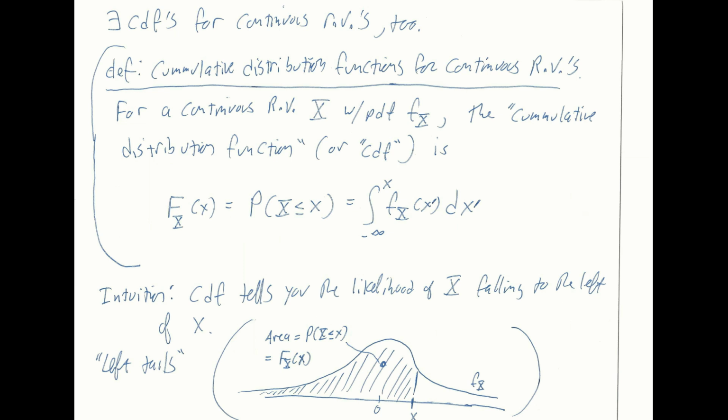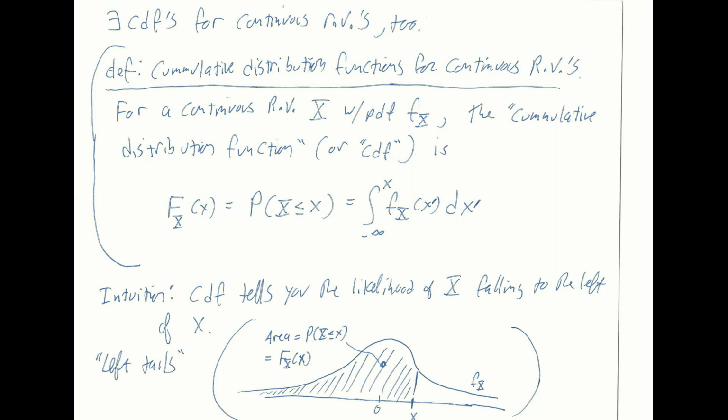So we do have cumulative distribution functions for continuous random variables, just as we did for discrete random variables. If you've got a continuous random variable and you've got its PDF, then the cumulative distribution function, or CDF, is going to be capital F sub x.